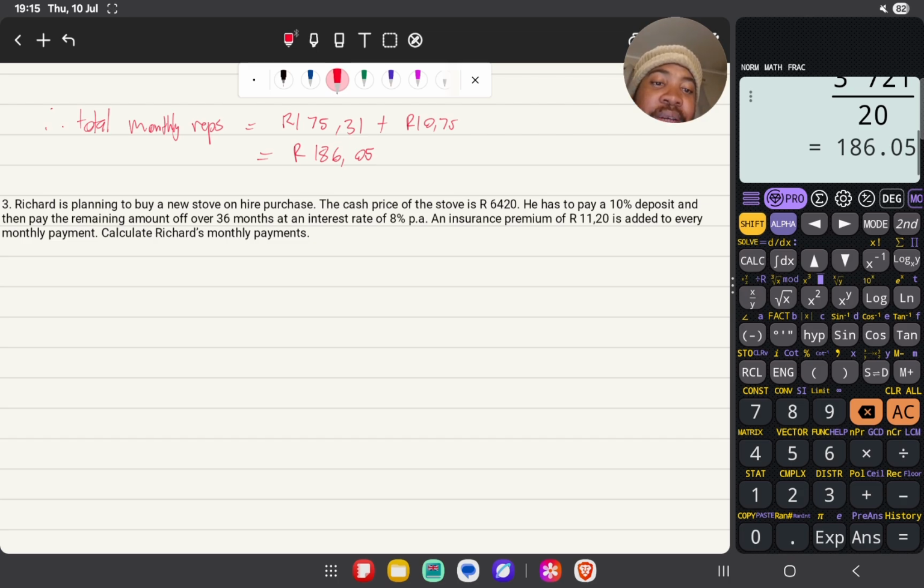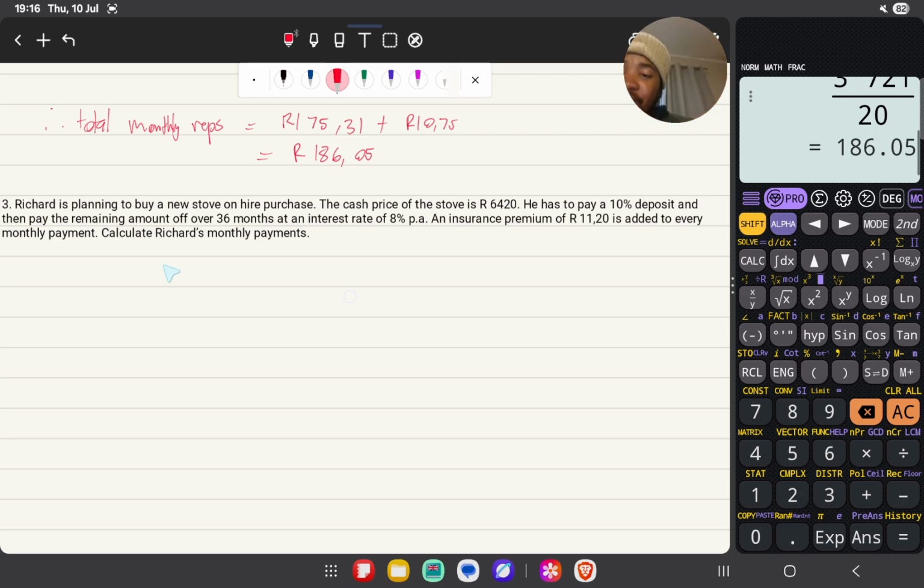He has to pay a 10% deposit and then repay the remaining amount over 36 months, at an interest rate of 8% per annum, with an insurance premium of 11. So we have an insurance premium and we have a deposit.